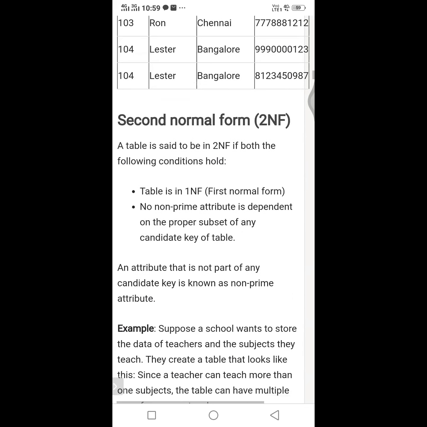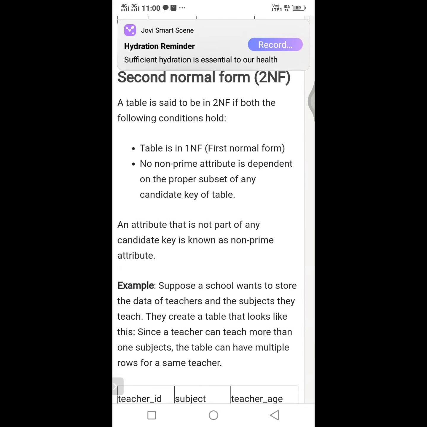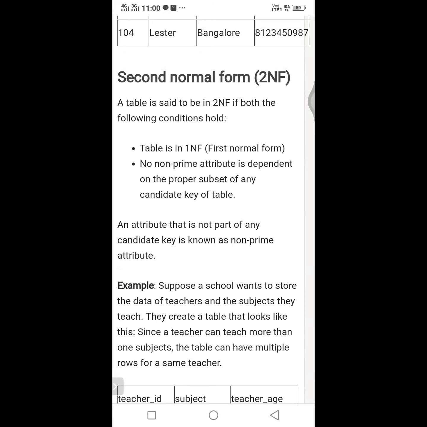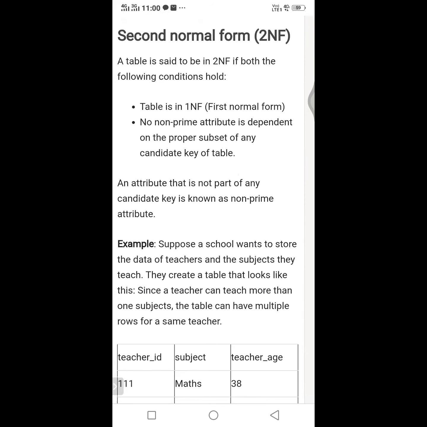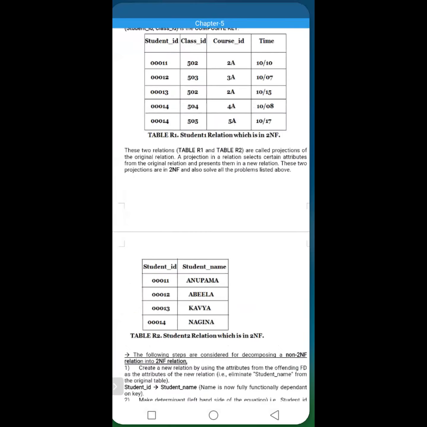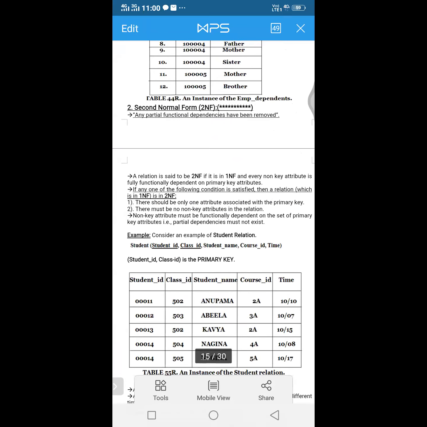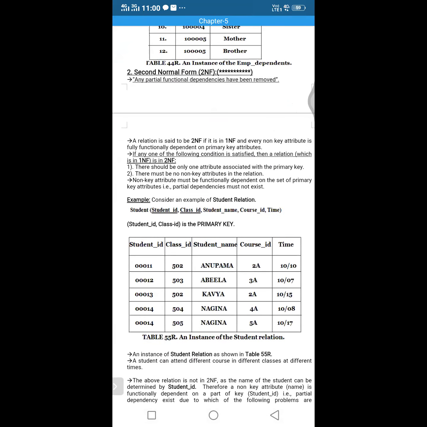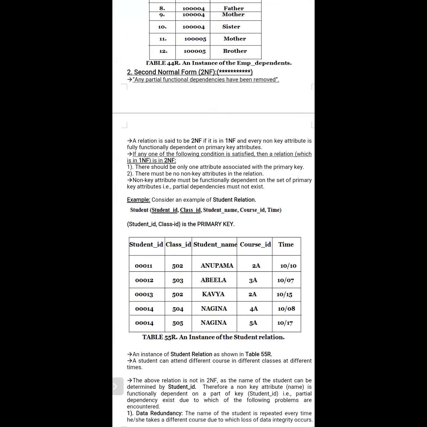Now let us discuss the second normal form. A table is said to be in second normal form if both of the following conditions hold. One, the table is in first NF. And second, no non-prime attribute is dependent on a proper subset of any candidate key of the table. So every non-key attribute is fully functionally dependent on the primary key attribute.